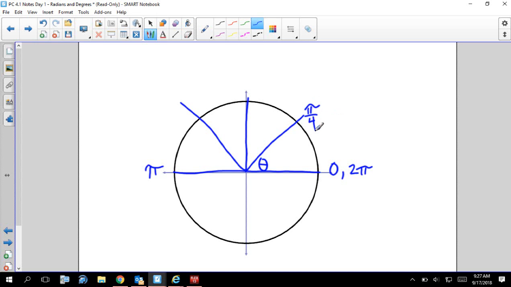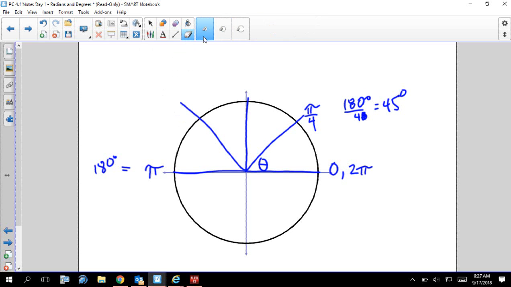Now, if I want to know the degrees really fast, then I just think, what is 180 divided by 4? 45. Yeah, 45. Okay, so this is pi over 4. The second one is 2 pi over 4, but we should already know that because it reduces. That one's pi over 2.